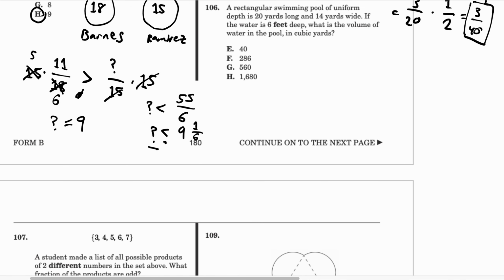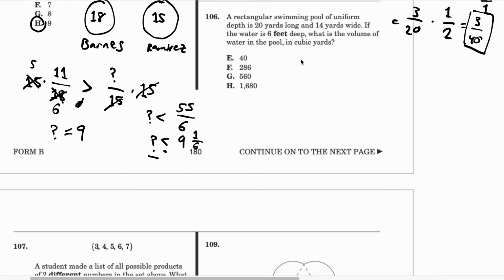So a rectangular swimming pool of uniform depth is 20 yards long and 14 yards wide, and the water is 6 feet deep. So we want to know the volume of the water in the pool. Okay, so basically the rectangular swimming pool can be represented as a box, right?